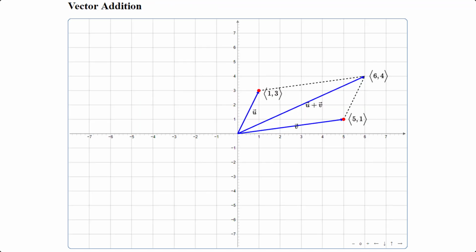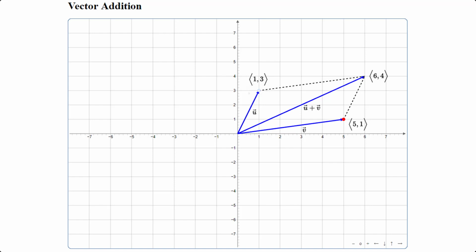For vector addition, if I have two vectors, u as 1, 3 and v as 5, 1, and I add their individual components, that would be 6, 4. And when you plot that, it becomes the diagonal of that parallelogram drawn between the original two vectors.